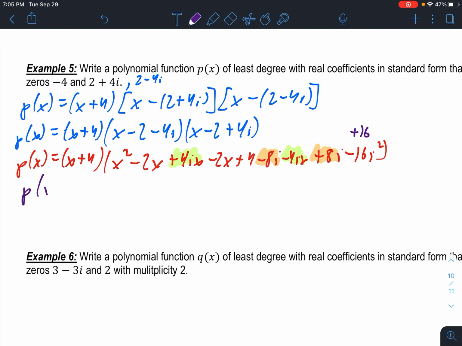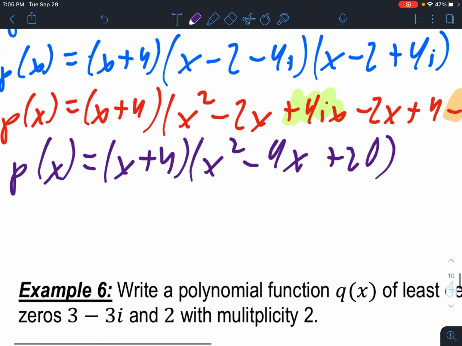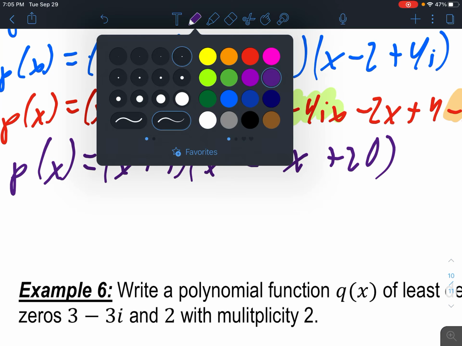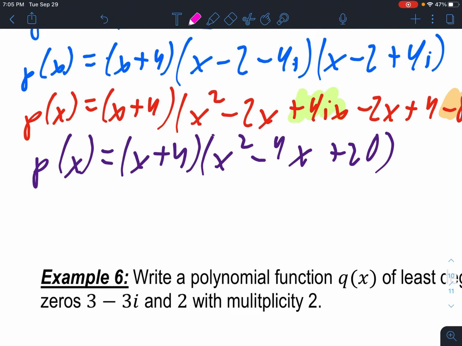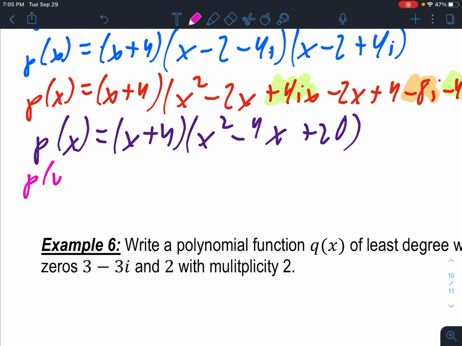So what we end up with here is x plus 4 times x squared minus 2x minus 2x is minus 4x plus 4 plus 16, so plus 20. And now we can multiply these 2 together. So distributing the x gives us x cubed minus 4x squared plus 20x.